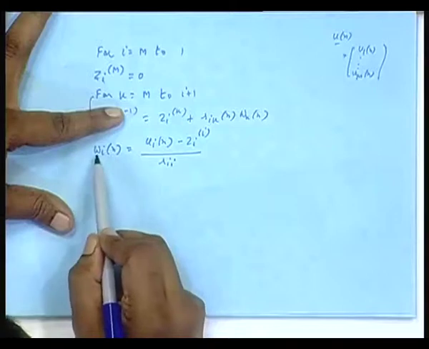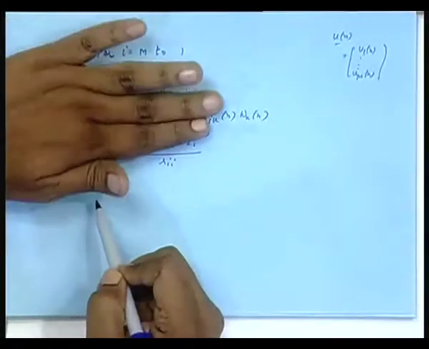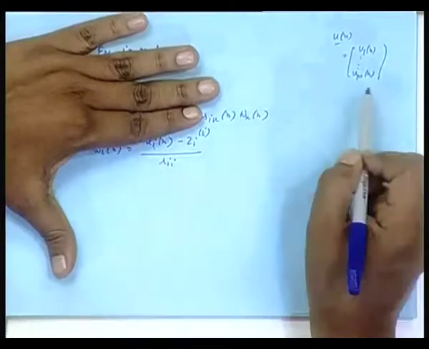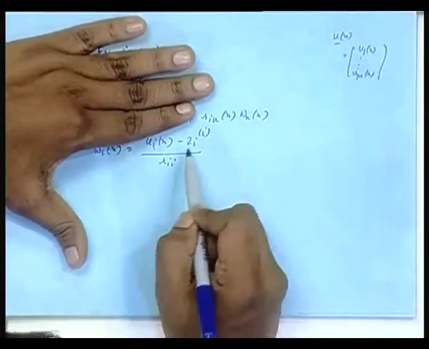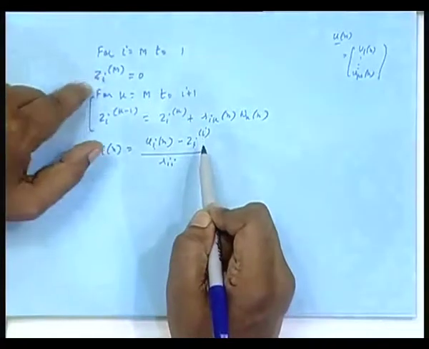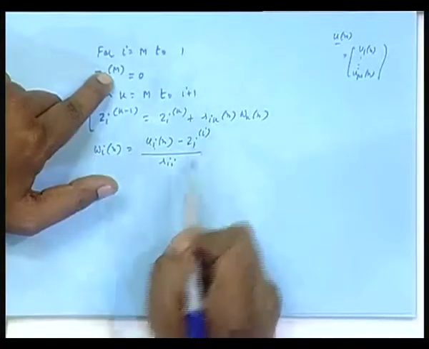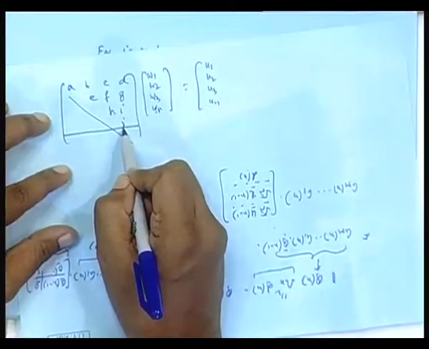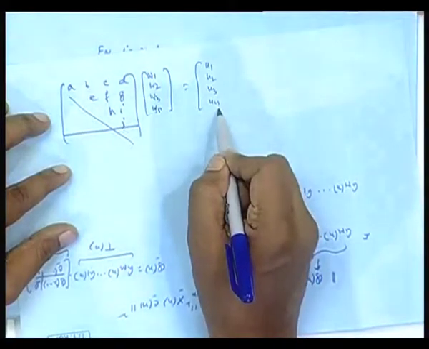Wmn, the last component here, minus Zmm, that is 0, divided by simply Rmm. That is the last equation. Rmm here and here, by Rmm, Wm.